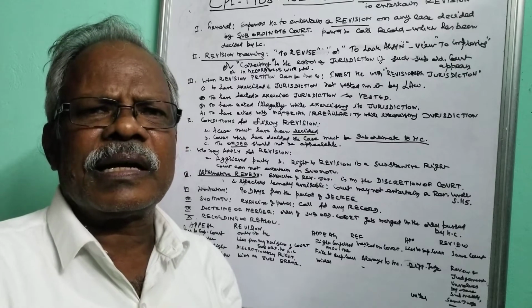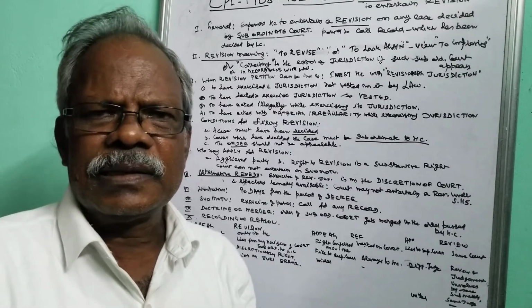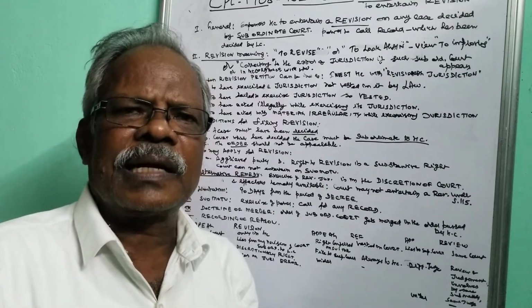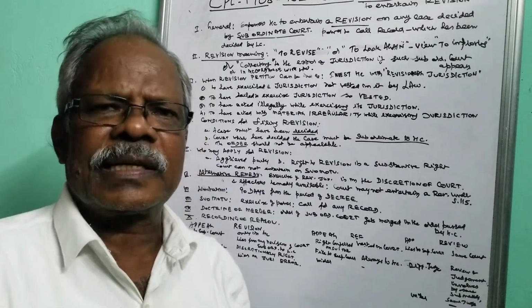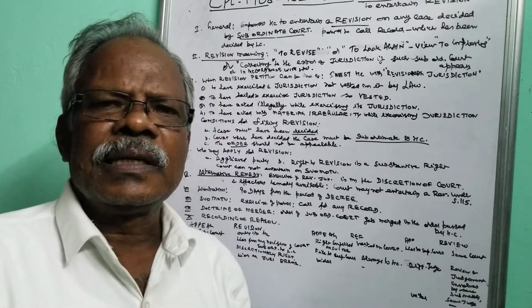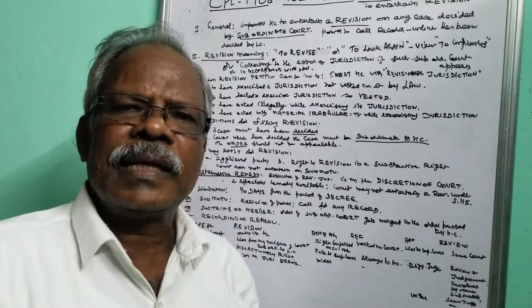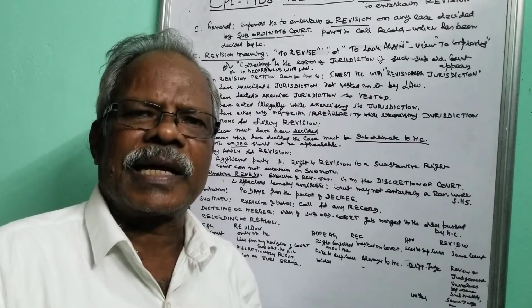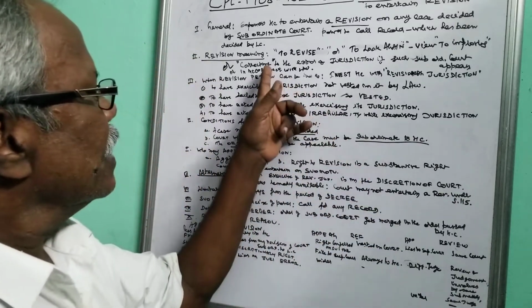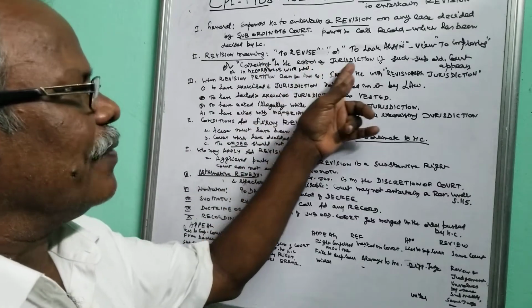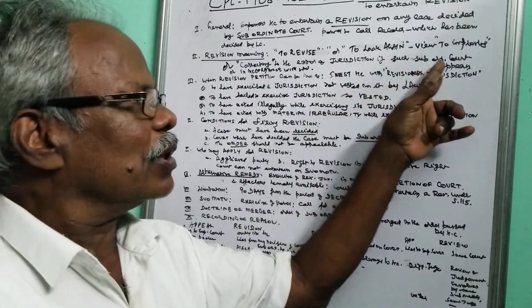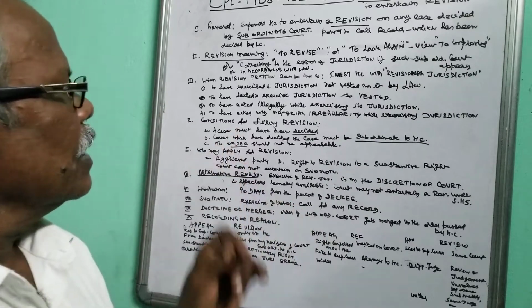So whenever the High Court finds that the subordinate court has not followed the jurisdiction of its power, then such cases can be taken up by the High Court. Then correcting the error of jurisdiction if the subordinate court appears. This is the meaning.